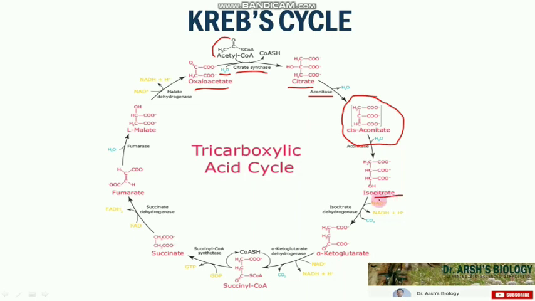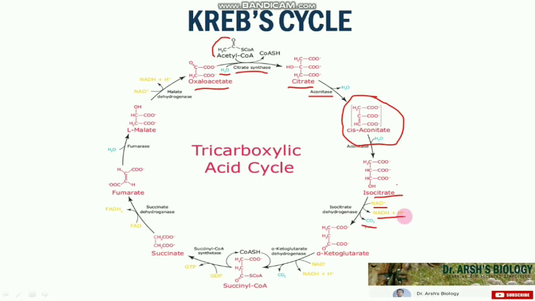Now the isocitrate undergoes an oxidative decarboxylation process where the isocitrate gets oxidized, NAD plus acts as the oxidizing agent, and carbon dioxide is removed. In this step, NADH plus H plus is released.